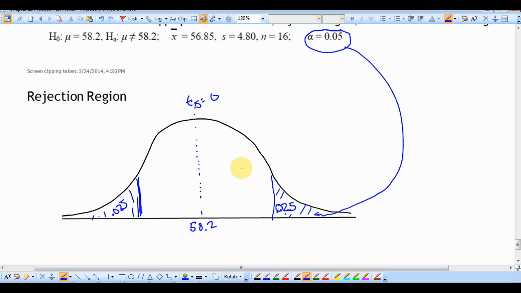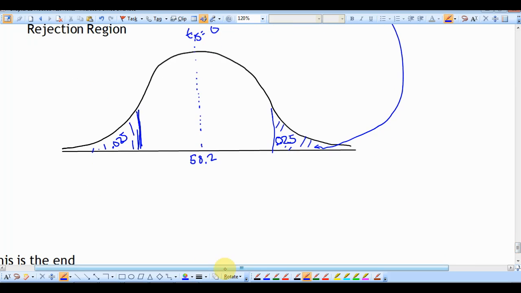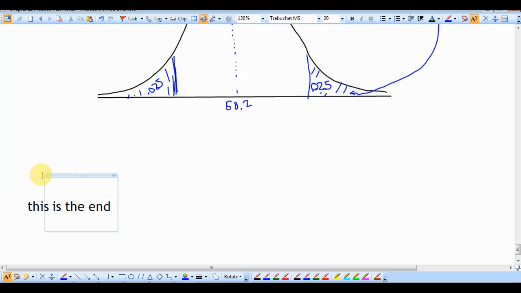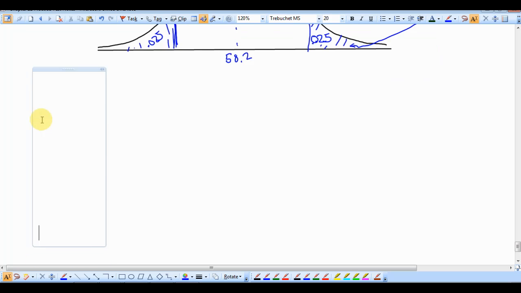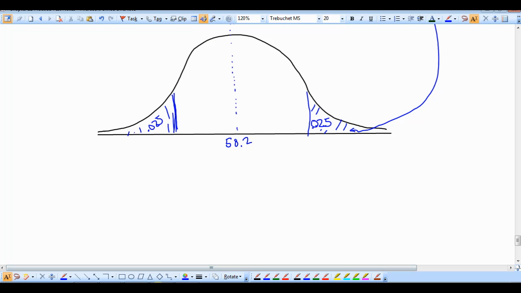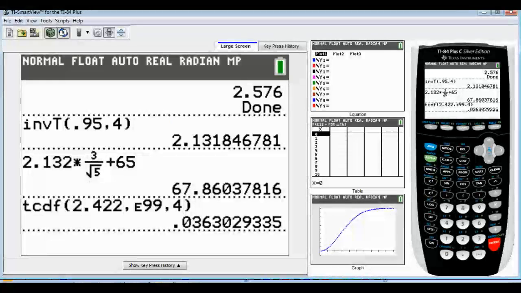Since this is a two-tailed test, let's compute the left one first, okay? So we're going to get that t, right?